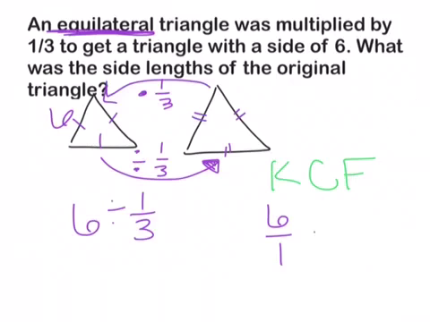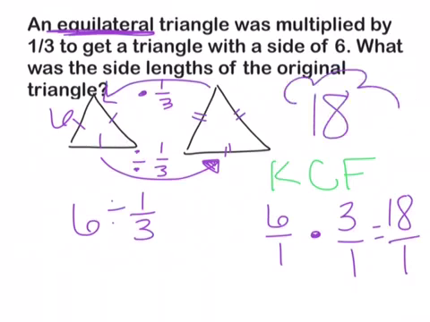Change my divide to a multiply and flip my 1/3 to 3 over 1. So I now have to multiply my fractions. Top times top, 6 times 3 is 18, and 1 times 1 is 1. So 18 divided by 1 is just 18, and there's my answer.